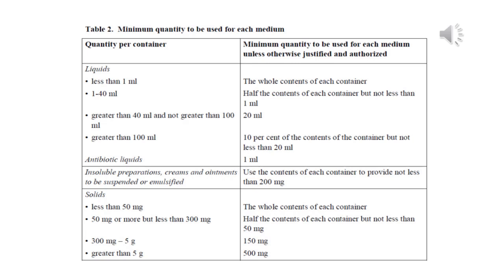Now if your container size is greater than 100 ml, you have to use 10% of the contents of the container, but not less than 20 ml. Okay. So likewise they have suggested how much should be the quantity of the liquids, the solids, and the semi-solids.